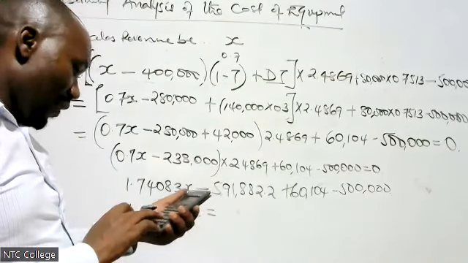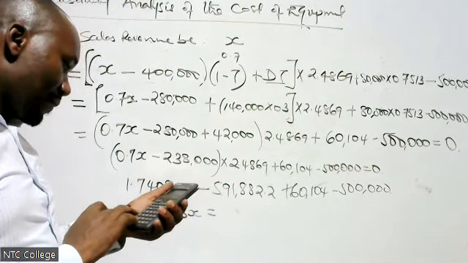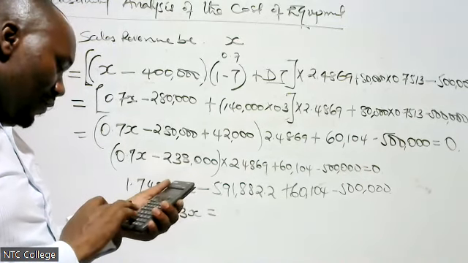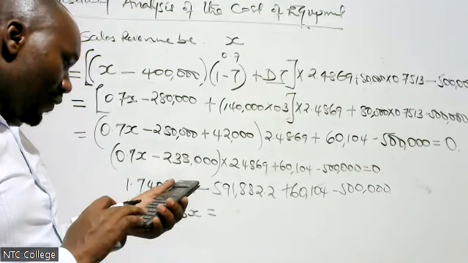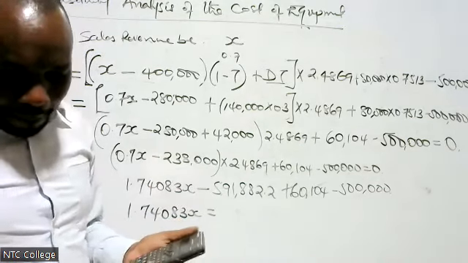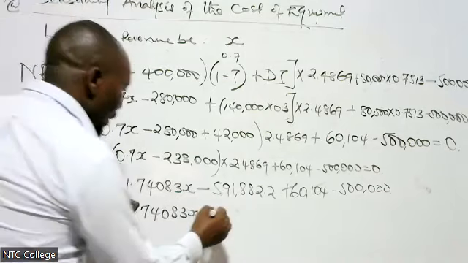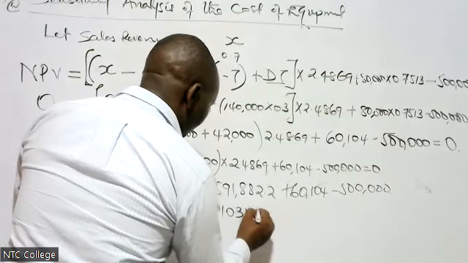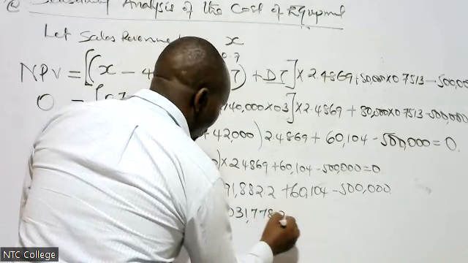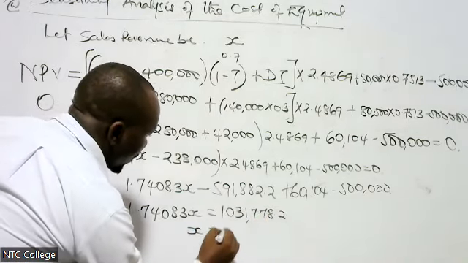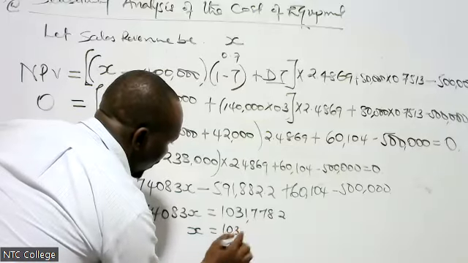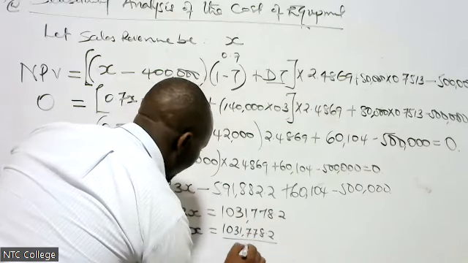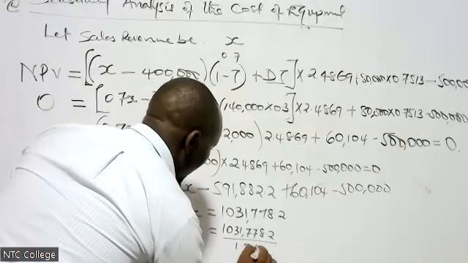So what is the answer? So that one plus 500 minus 60,104. Now I get 103,178.2. So x is equal to 103,778.2 divided by 1.74083.